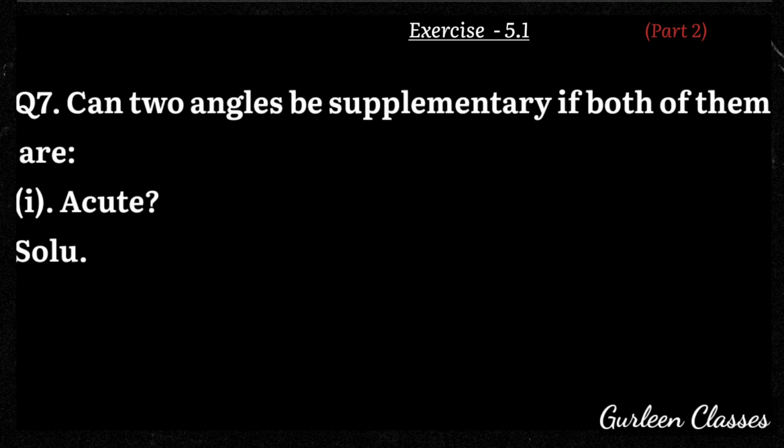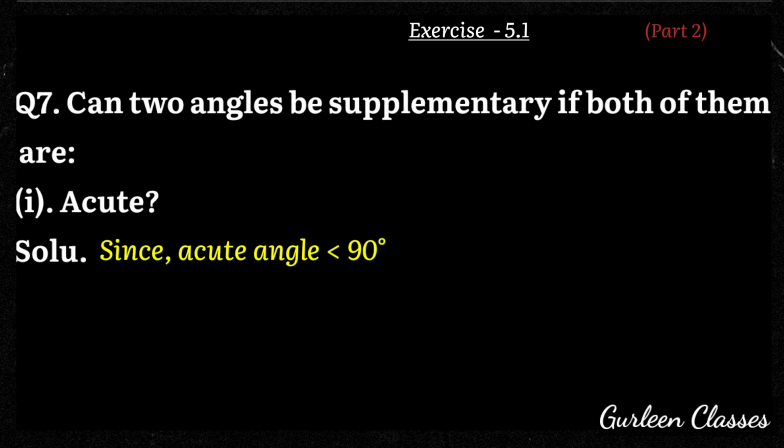Question number 7. Can two angles be supplementary if both of them are, number 1, acute? The question says, क्या दो acute angles supplementary हो सकते हैं? So first of all, let us discuss what acute angles are. Acute angles are more than 0 degree but less than 90 degree.